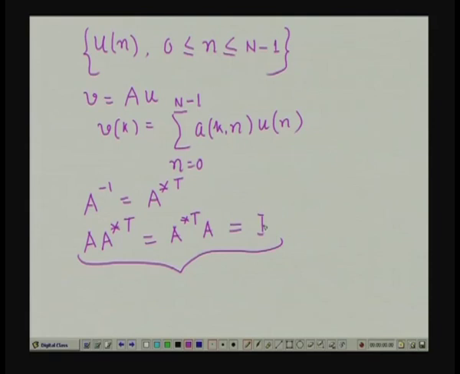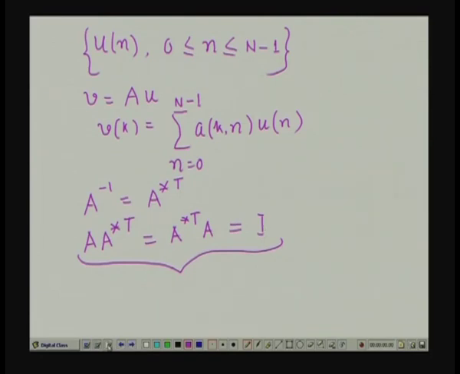Now, once we have this transformation and we get the transformation coefficients, the V k or the transformed sequence V, we should also be able to find out how from these transformation coefficients we get back the original sequence u n.